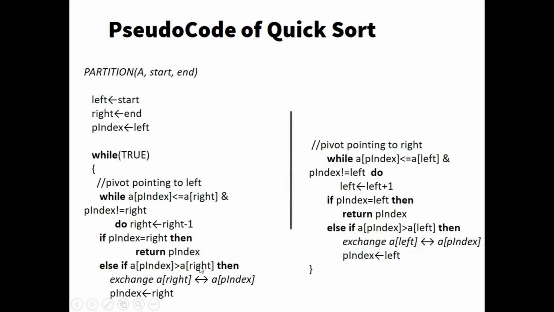Then if the pivot number is greater than the rightmost element, we have to exchange the rightmost element and the pivot index, and do the reverse process for the leftmost element with the pivot number.